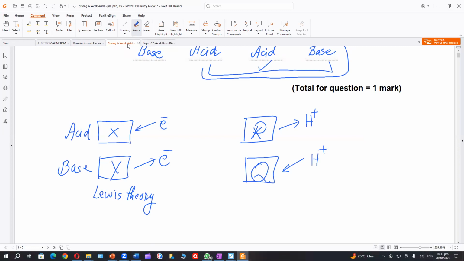Proton donor, acid. P is giving out H plus proton. So what is P, acid or base? Acid, right. And what about base? Q. Right.